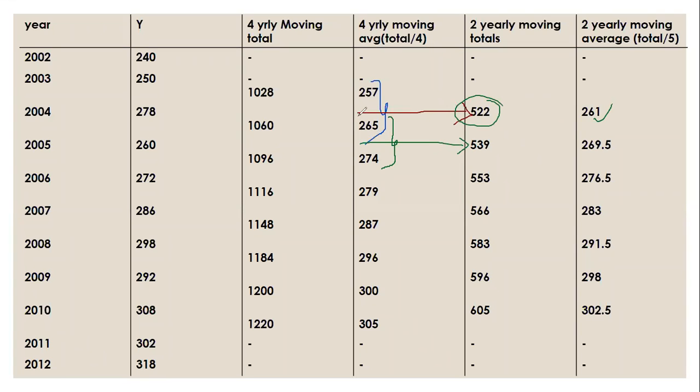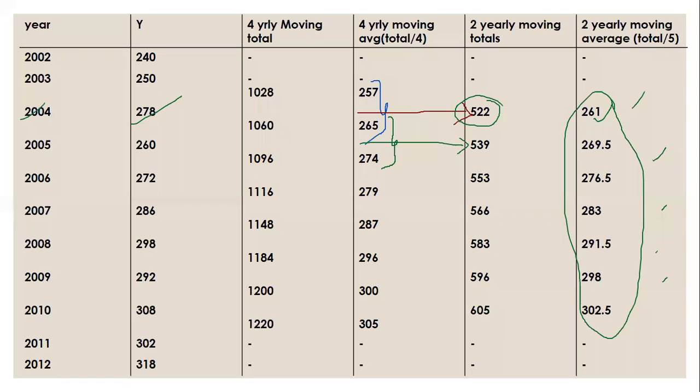But the writing placement plays a major role because we will be using such problems to plot the graph. Now, when we are plotting the graph, the year, the value and these average values will play a major role.